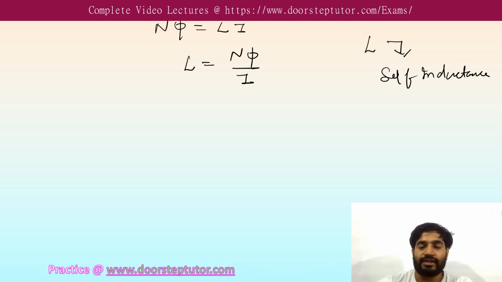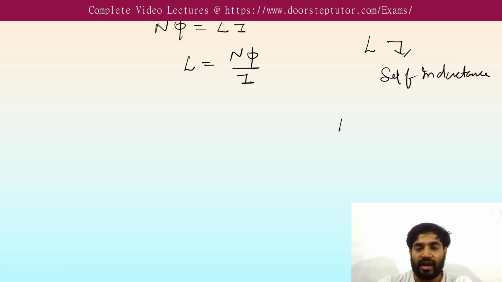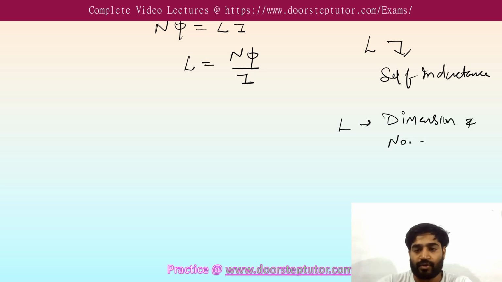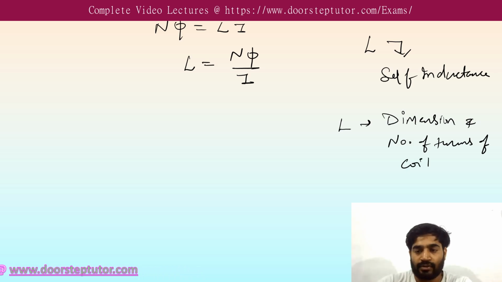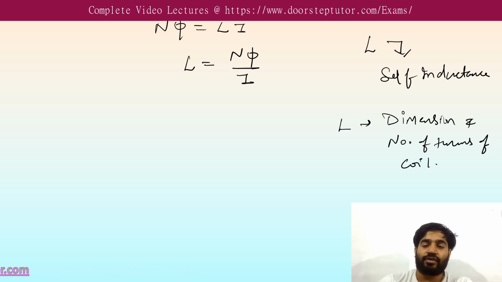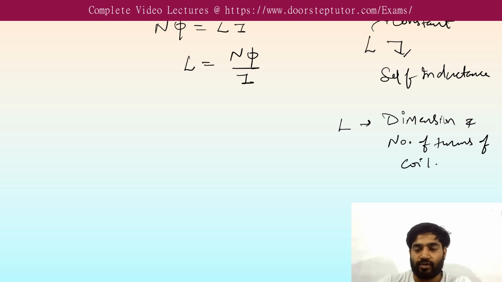This constant depends upon the dimensions and number of turns of the coil. So total flux N phi equals L I.